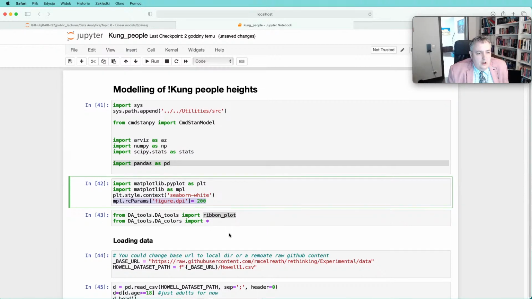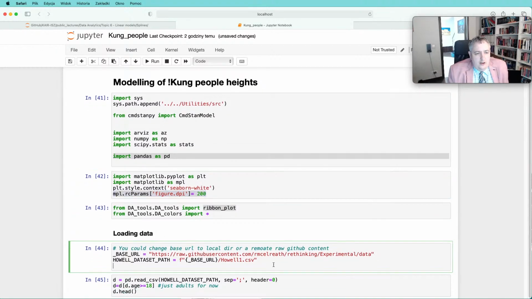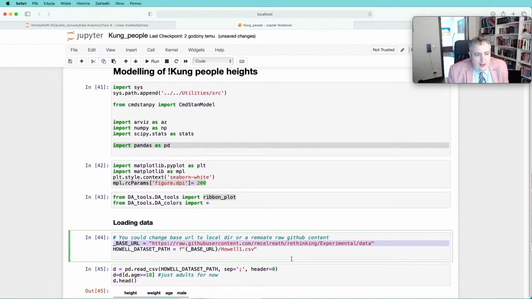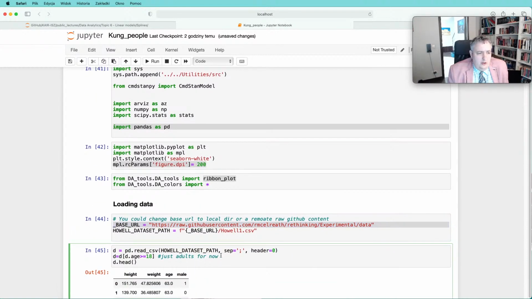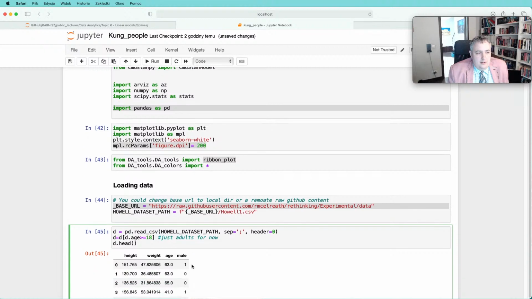And this is the main idea. We are getting data online, from the Richard McElreath GitHub, and we are using pandas to get it, so we are just reading a CSV file from the web. And at the moment, in order to preserve the locality, we'll focus on the adult part of the population.